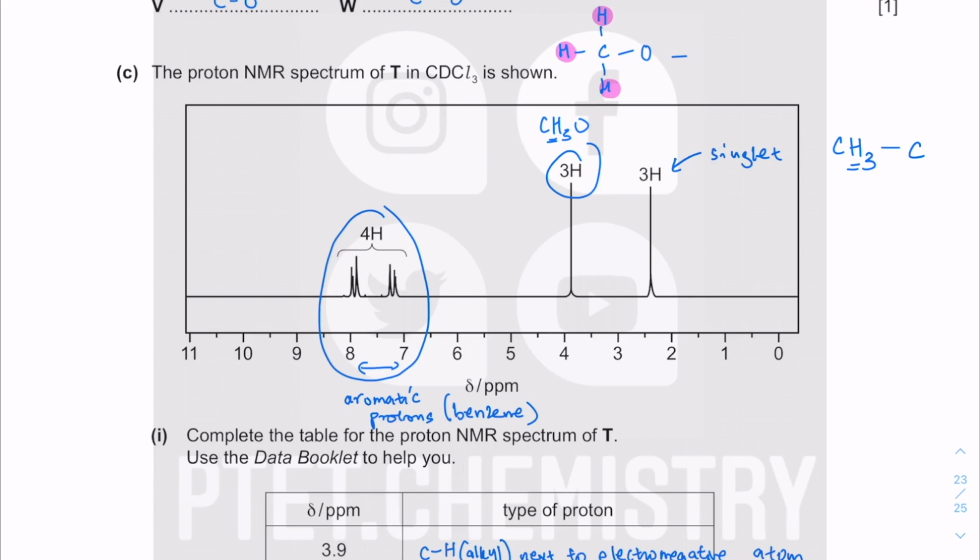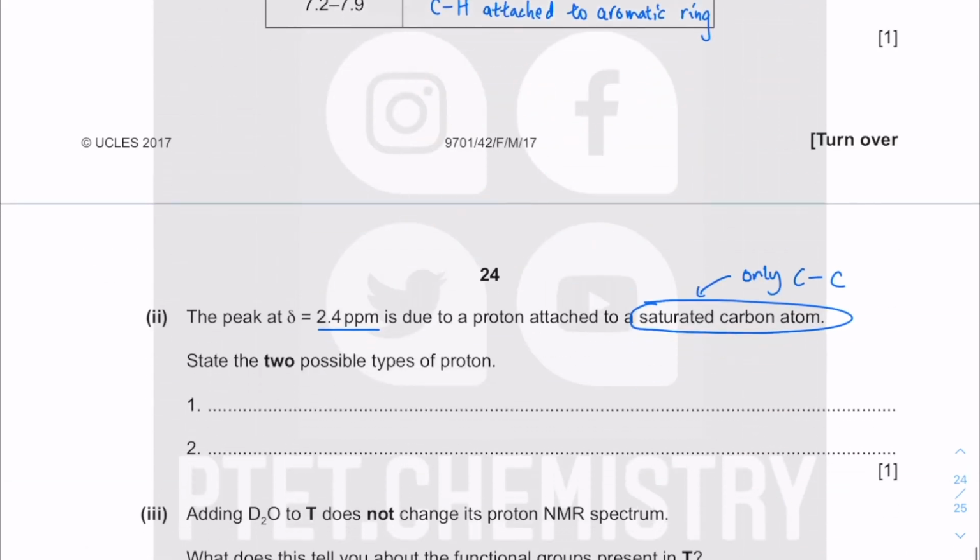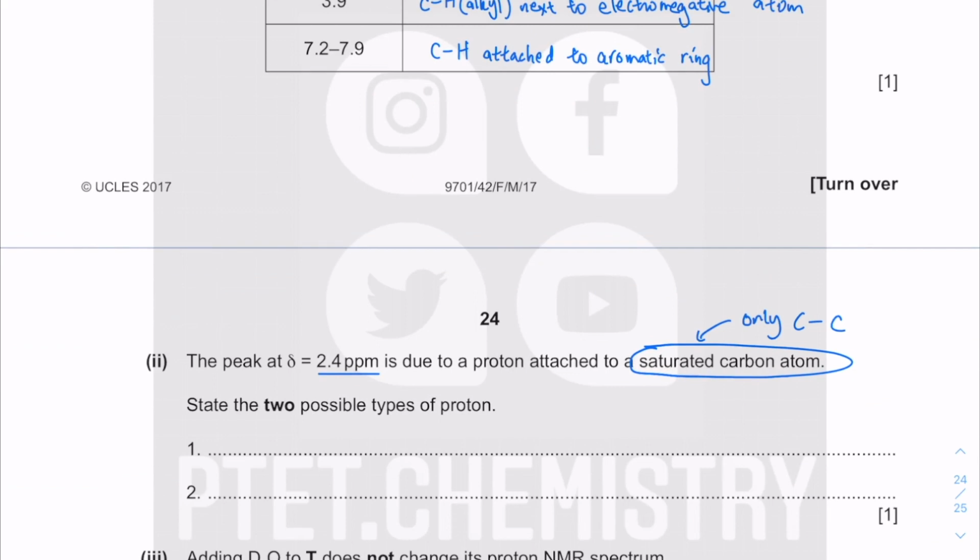It's due to a proton attached to a saturated carbon atom. So it's a CH3 bonded to something, attached to a saturated carbon atom.